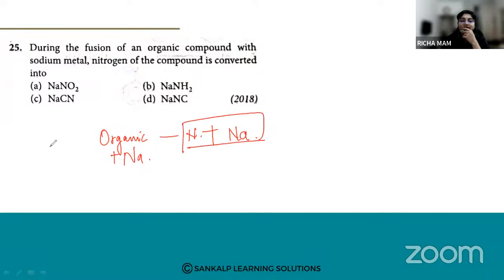In the organic compound, carbon is also there, right? So it is converted into NaCN, that is sodium cyanide. Option number C.